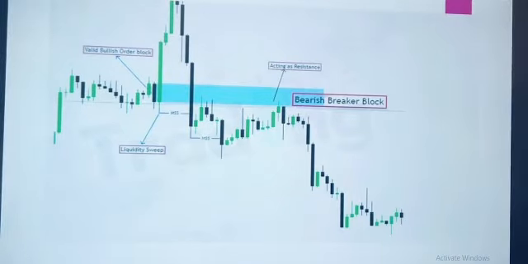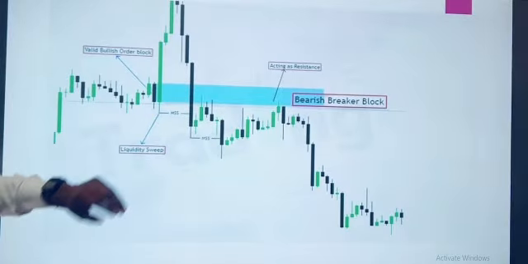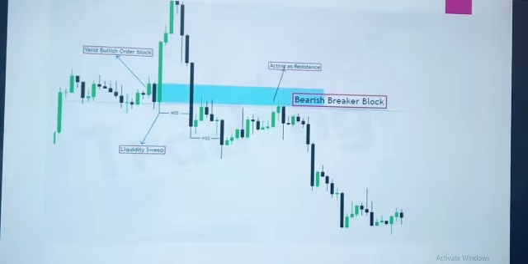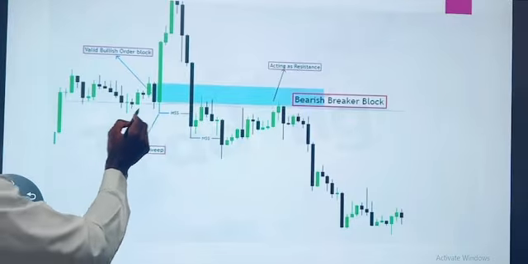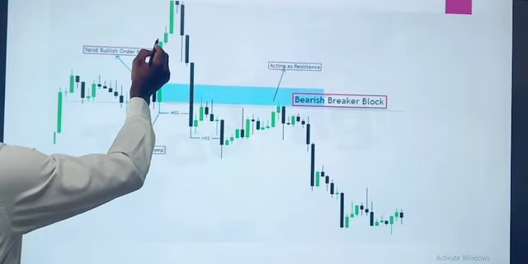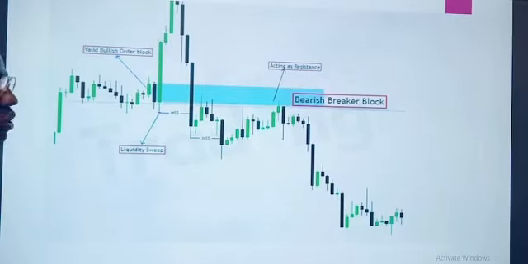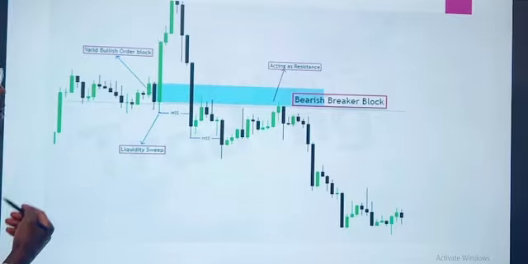Now, check this. We have this diagram here. All right, so what do we see? We saw this momentum candle. And behind every momentum candle, the candlestick behind it is an order block. So we have to do what?